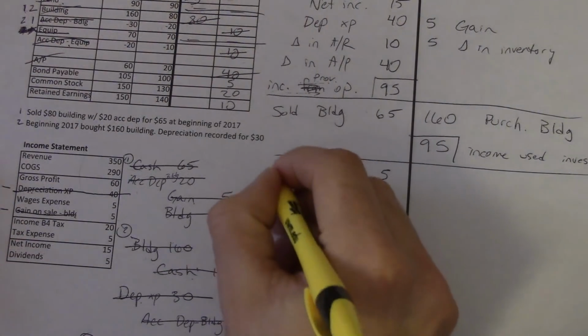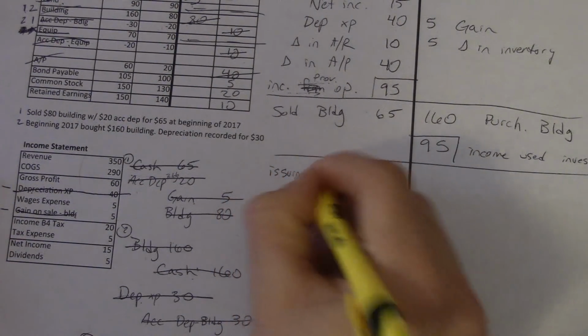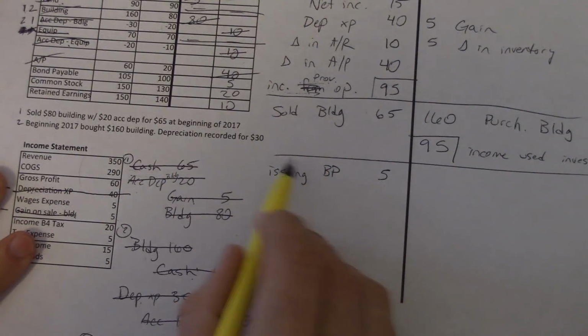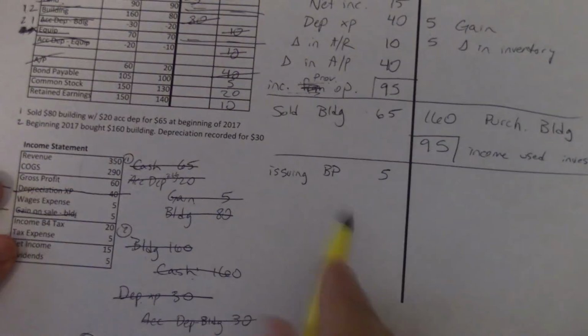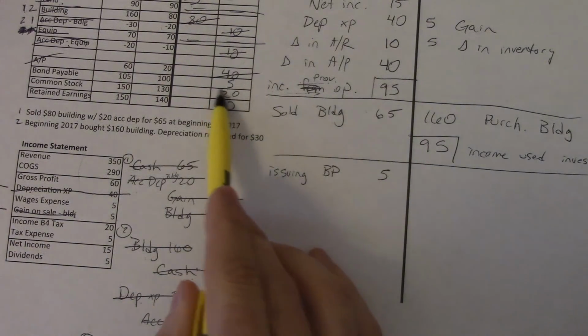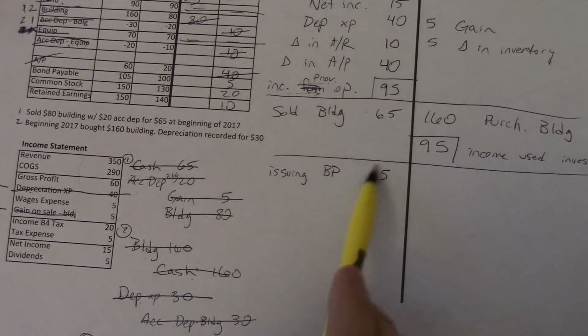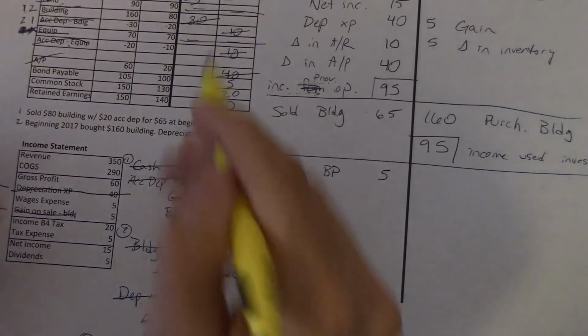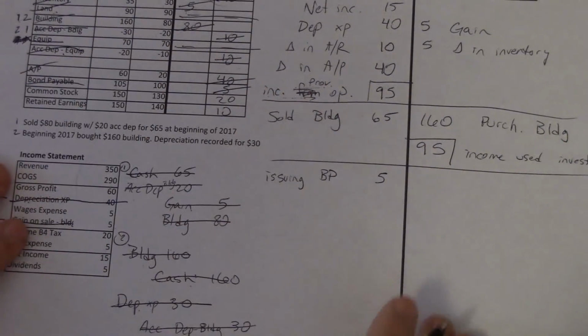So the title would be issuing a bond payable. Again, we can't just say change in bonds payable. We have to be a little bit more specific. We're issuing a bond payable because we're increasing bonds and we're getting cash from it. So there we go. We've completed the bonds.